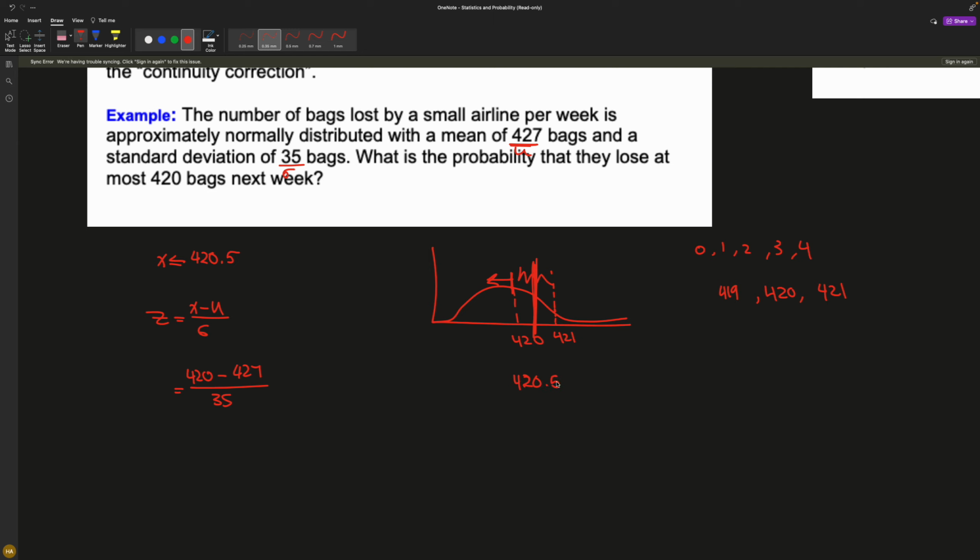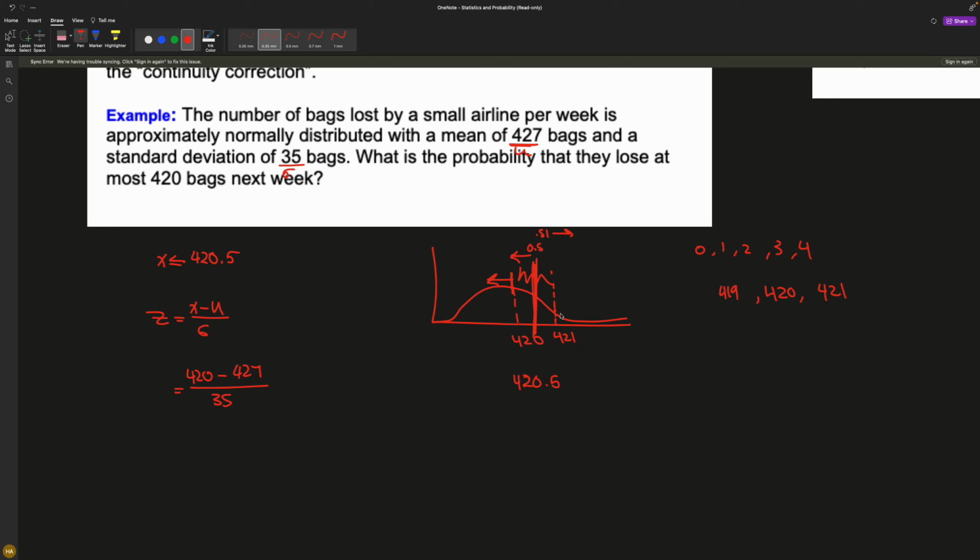420.5. Everything less than 0.5 goes with the 420, and everything more than 420.5 goes to the 421. Because it's discrete, technically there isn't anything here, but because you standardize it, you're saying it's a smooth curve. So you've got to make sure that whatever is past the 0.5 goes with that value. Everything like 0.51 will go to the right value.